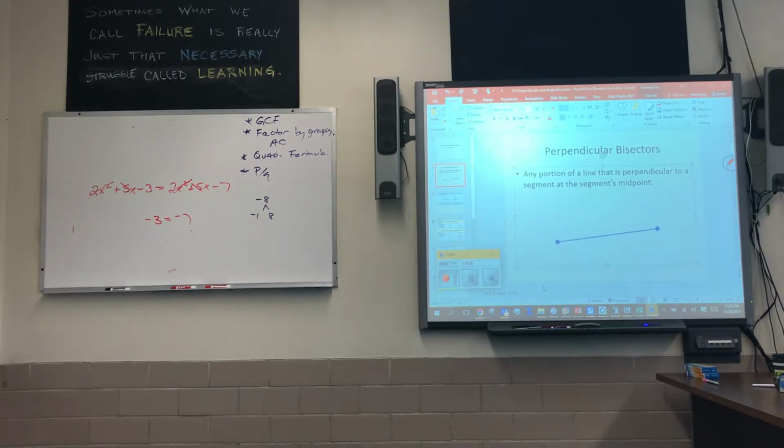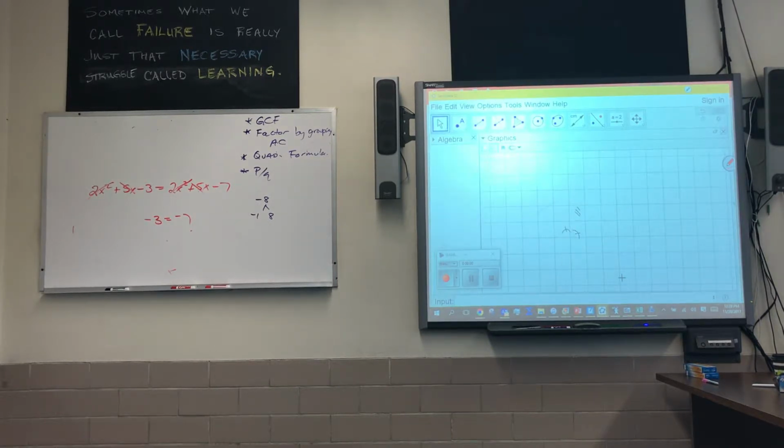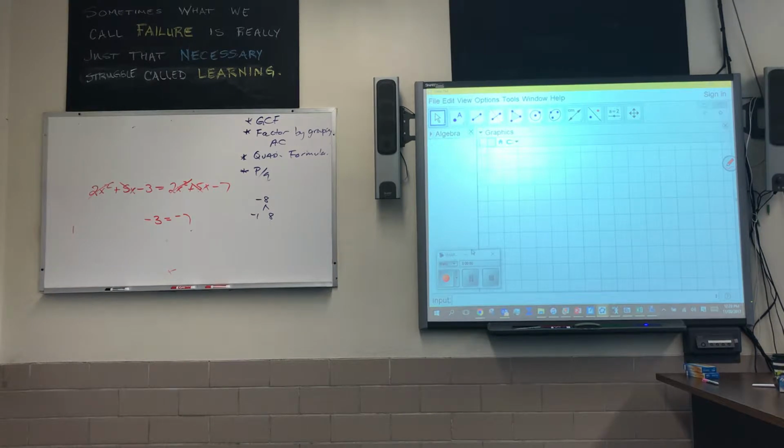Okay? I'm going to use GeoGebra to kind of show you perpendicular bisectors instead of the drawing on the PowerPoint. Okay, if you have points A and B being the endpoints of your segment, and they can be anywhere they want to be.